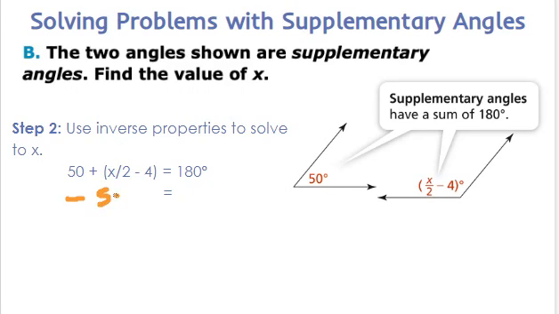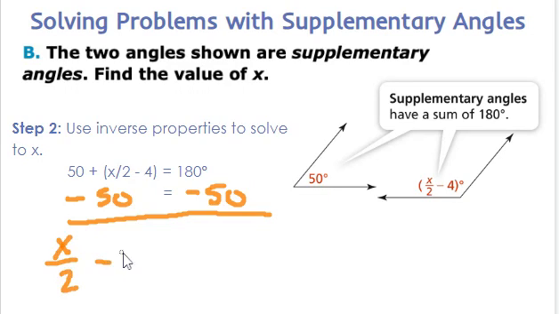We're going to subtract both sides by 50. Again, we're doing this because currently the x is inside of those parentheses. So the 50 is the only thing that's available to us to actually be able to remove. I'll be left with x over 2 minus 4 is equal to 130.